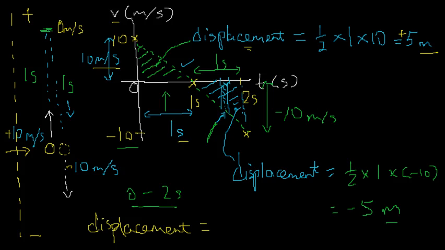Now, how do we total up the area? We make use of the previous result. This area, we have already found, is given by plus 5 meters. And this area, we have also found, is given by minus 5 meters.